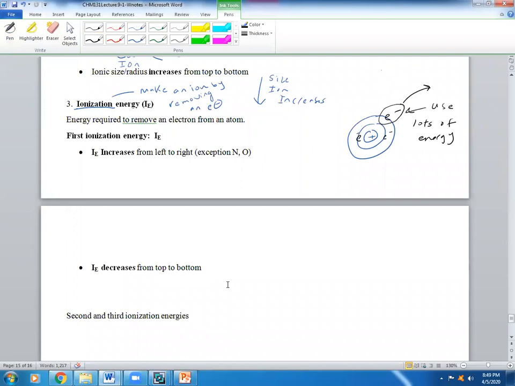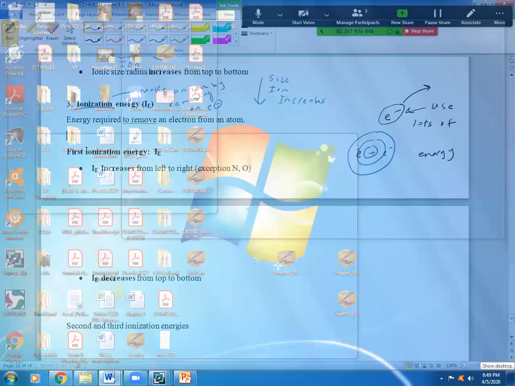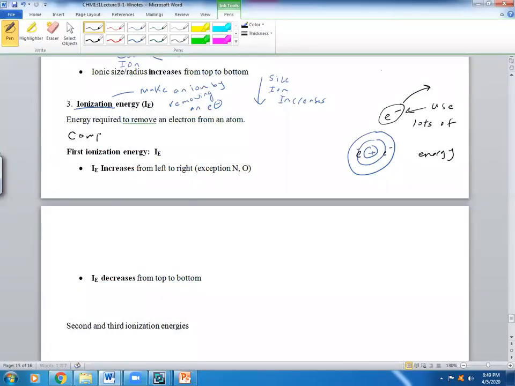What you need to write about the ionization energy is that it is the complete opposite to atomic radius. So what that means is know one, and then the other one will be the complete opposite.